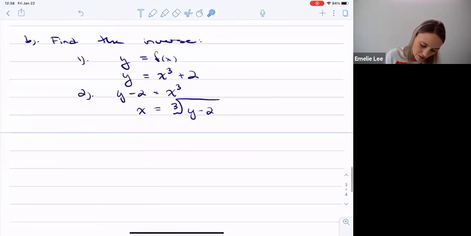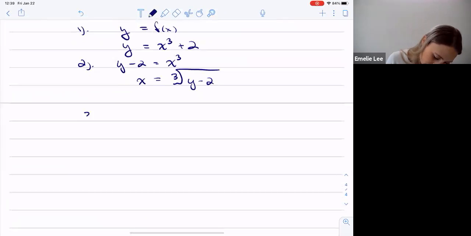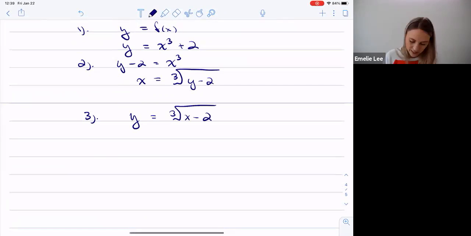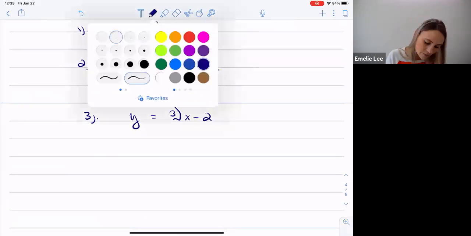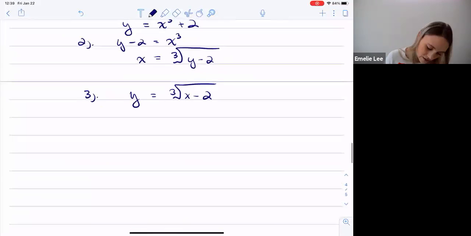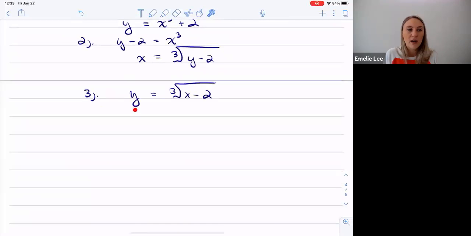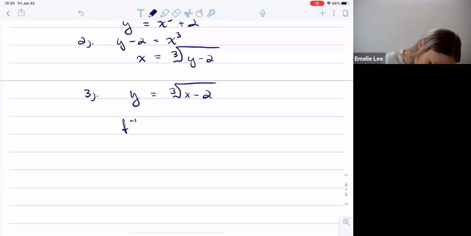So in step 3 here, I'm going to swap x's with y's, and y's become x's. So then y equals the third root of x minus 2. This y is now the inverse of f. F inverse of x is the third root of x minus 2.